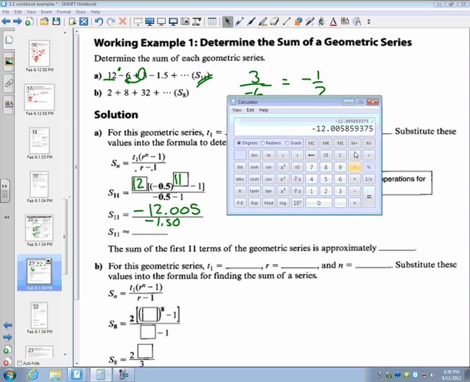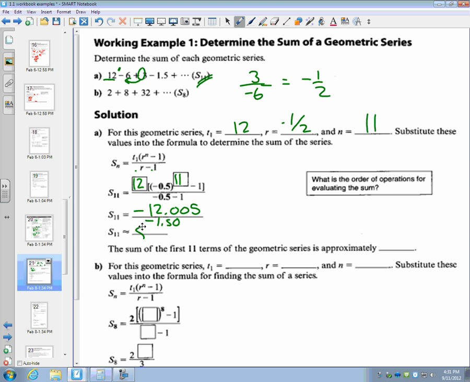Divided by negative 1.5 gives 8.0. So if I added up those first terms, I would get about 8.